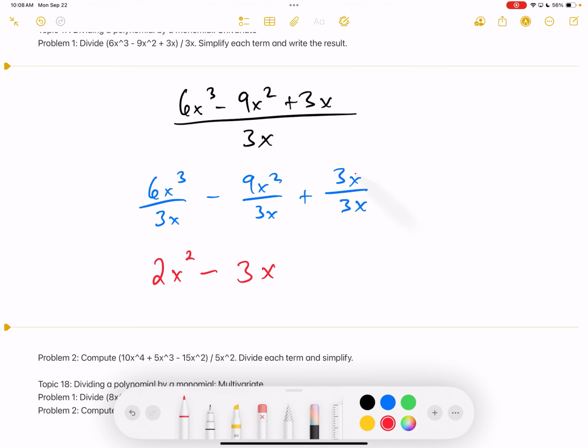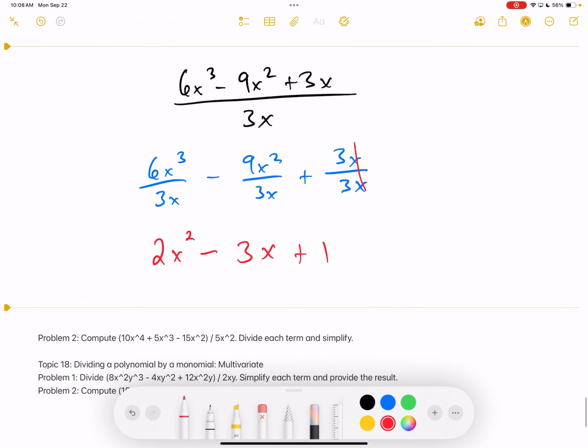Here you have the same thing divided by the same thing. That becomes 1. If you need to walk through it, 3 divided by 3 is 1. X is on top, on the bottom, they cancel out. So on the division problems, you just got to make sure you divide everything on the top by 3x, whatever's on the bottom.